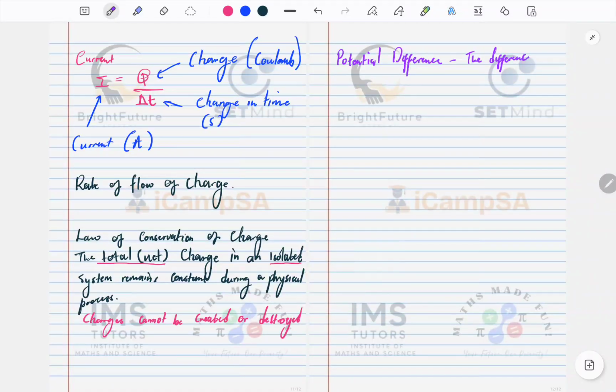Let me just write it like this. Okay, in electrical potential energy between 2 points in an electric field, like so.